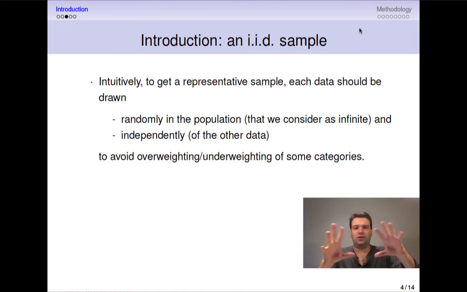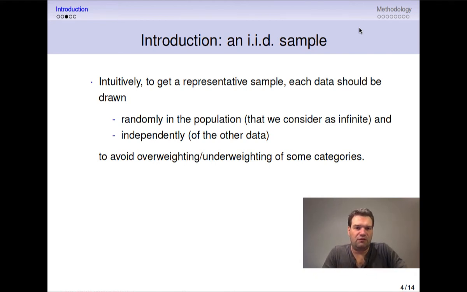Therefore, we consider that we have an infinite list of individuals, and in this list we pick up at random. We should be able to pick individuals at random. Intuitively, if we pick up individuals at random without any dependency between them, we should be able to construct something which is representative of the population, which represents the population.